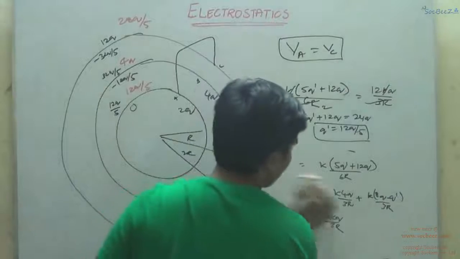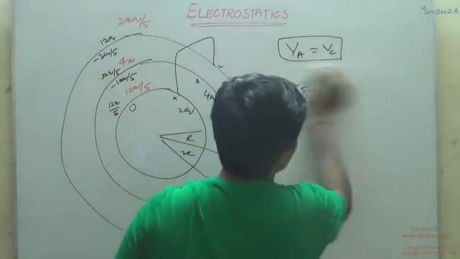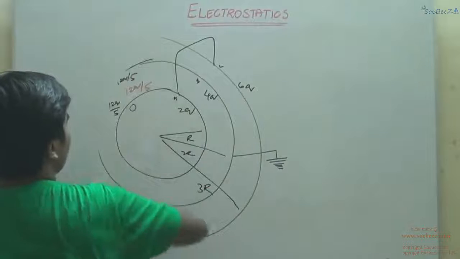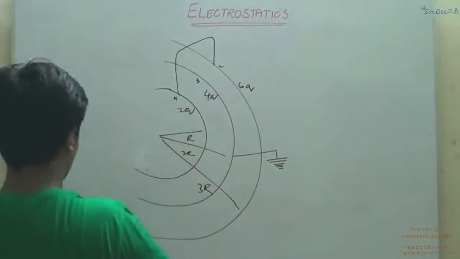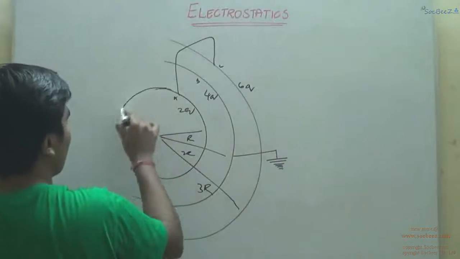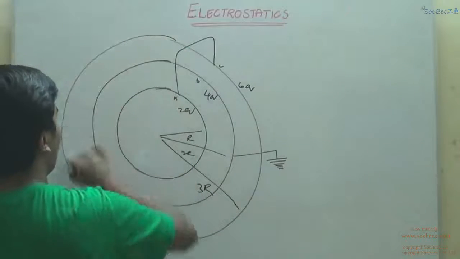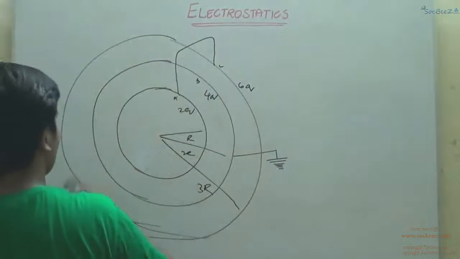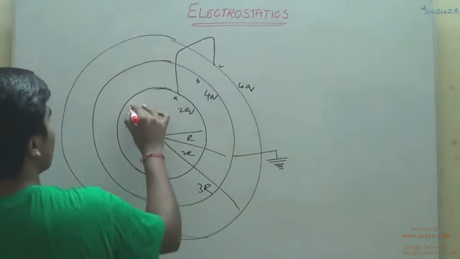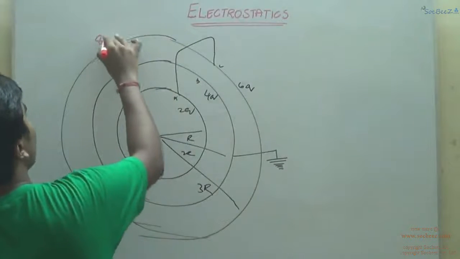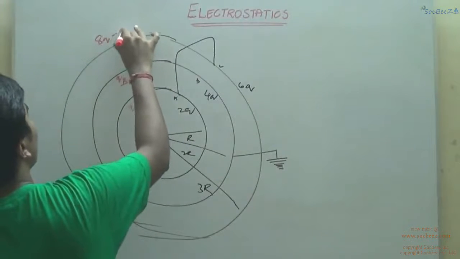So now what does the equation become? See, now let me erase this and draw it again. Okay, so now let me assume that this has QA, this has QB, and this has 8Q minus QA.